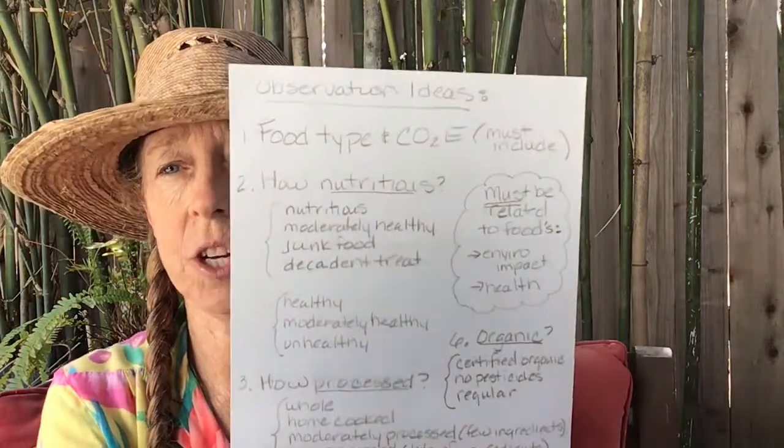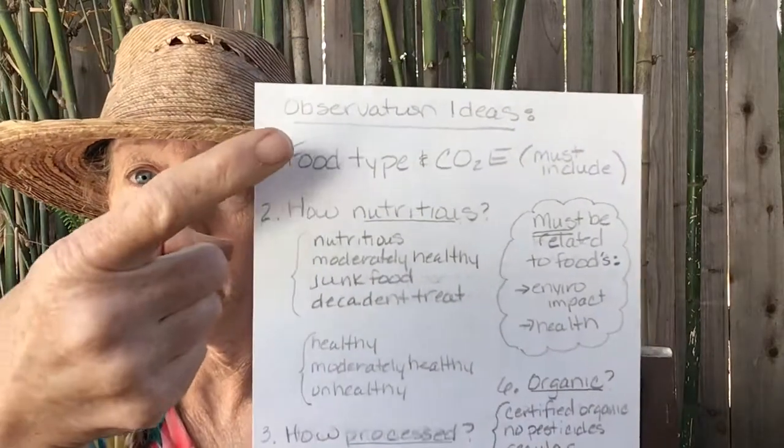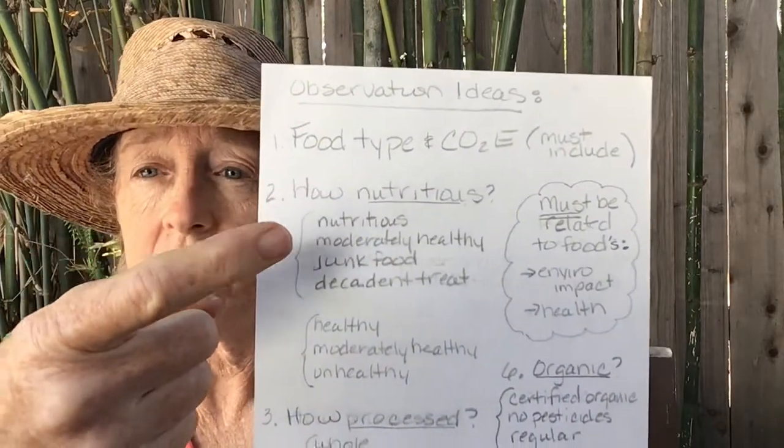Then the other observation choices are unlimited, as long as those observations are related to the environmental impact of the food or the health of the food, how healthy it is for your body. And here I made a cheat sheet with the food observations. These are the ideas I talked about.